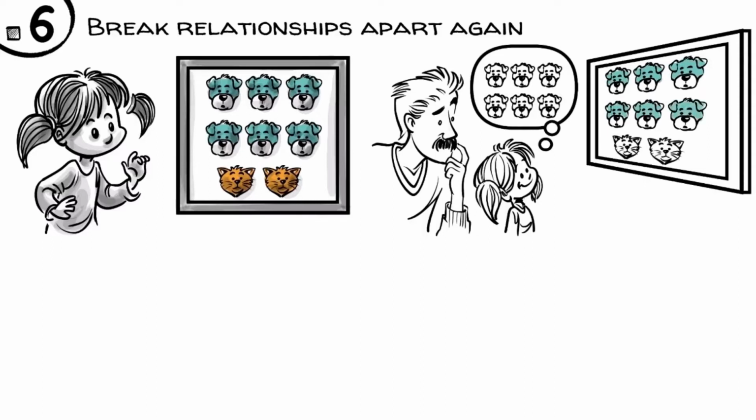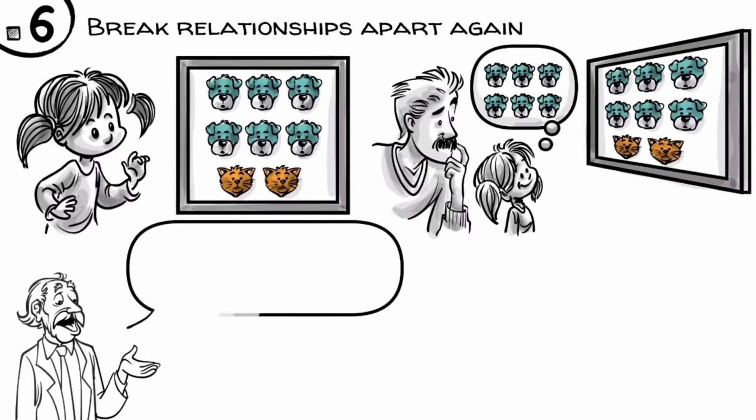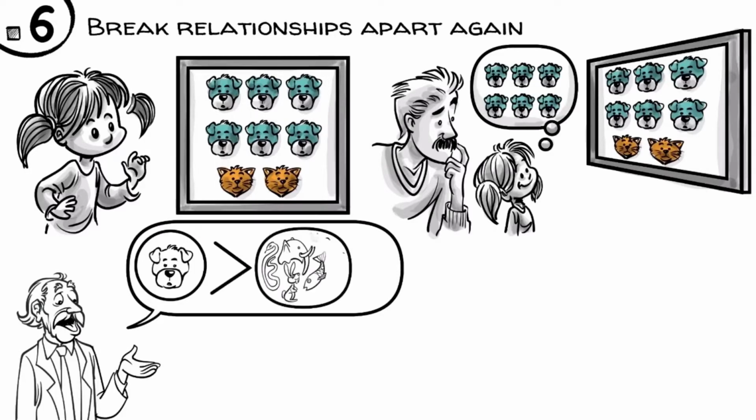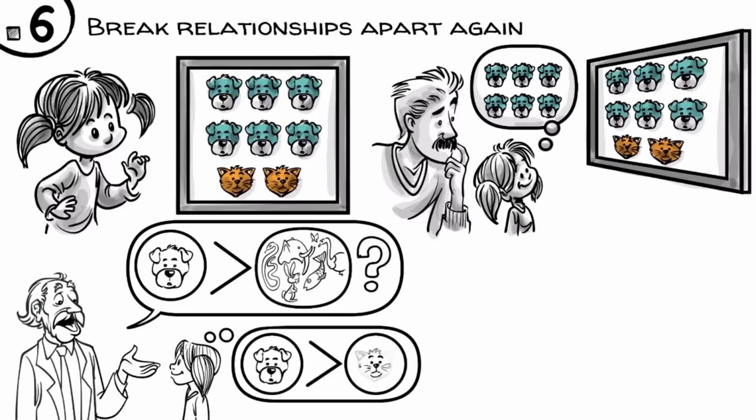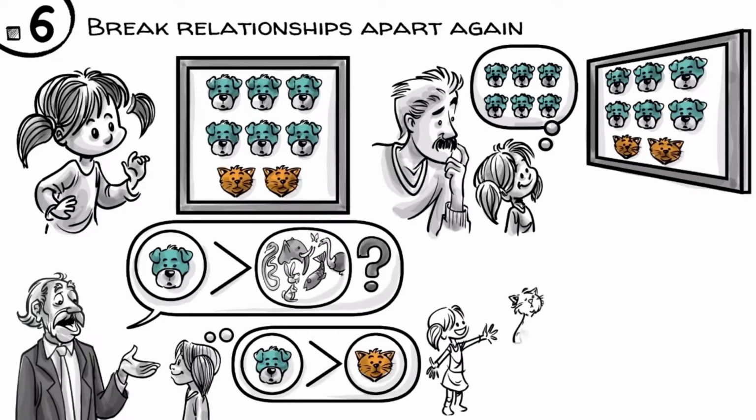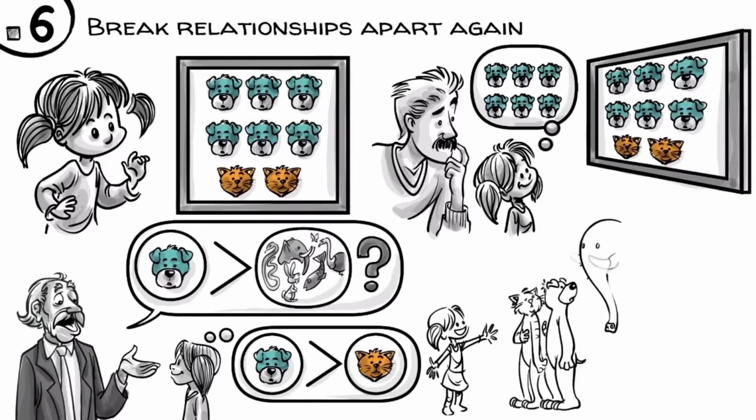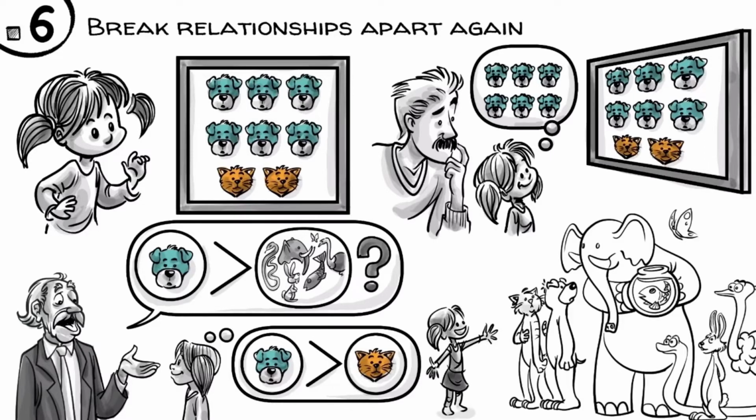When you ask further, more dogs than what? The child replies, than cats. In other words, if you ask, are there more dogs or more animals? The child hears, are there more dogs or more cats? At age 5, most kids didn't practice enough math to break hierarchical relationships apart while still remembering the whole.